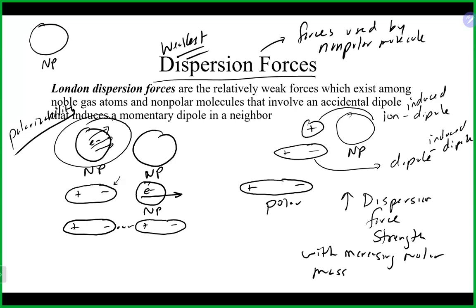More atoms means more electrons, a greater chance of those electrons moving one way or the other, and a lot more places where those electrons can interact with another molecule. So the strength of dispersion forces actually increases with molar mass. It's still weaker than any dipole-dipole or hydrogen bonding, but the strength of it does increase. Any questions on that?